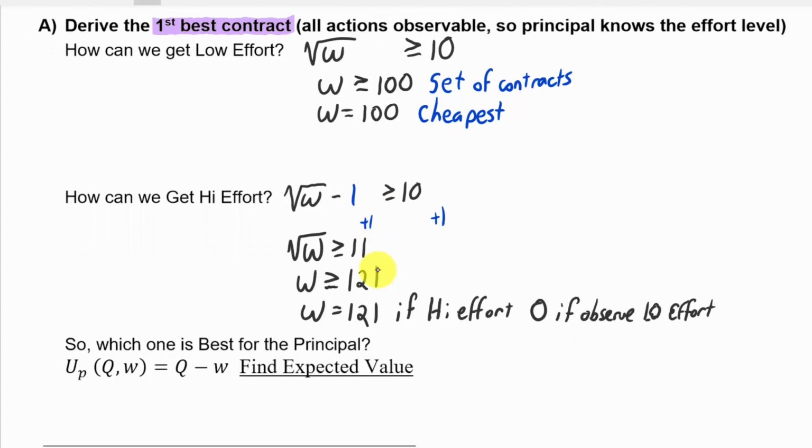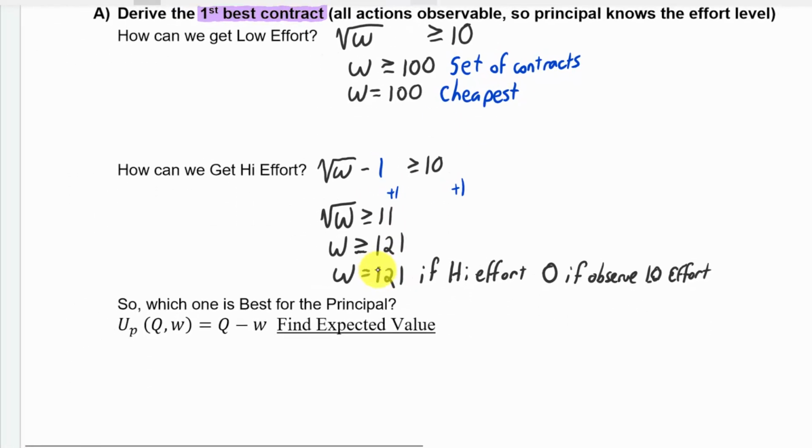So now comes the important third question. Remember, step 1 was to derive the set of contracts that would provide a certain level of effort, then figure out the cheapest way to ensure those levels of effort. And now the last step in the 3-step method is to figure out for this principal, which one do they want?